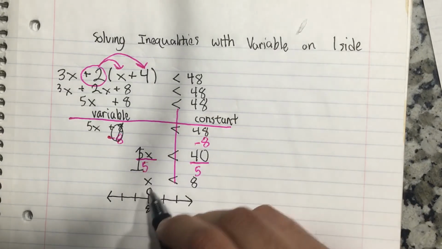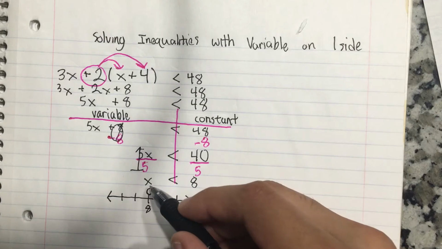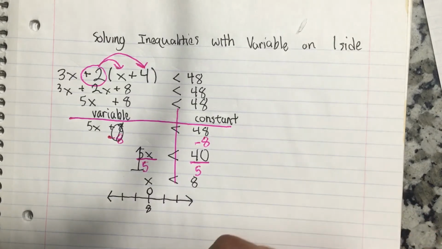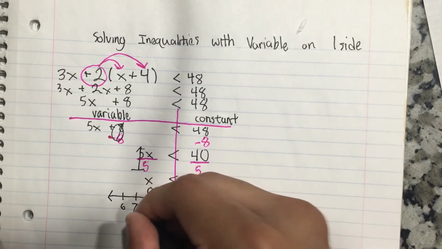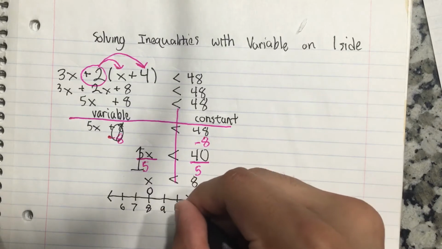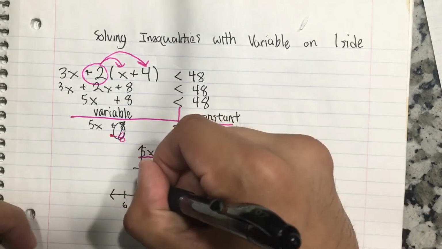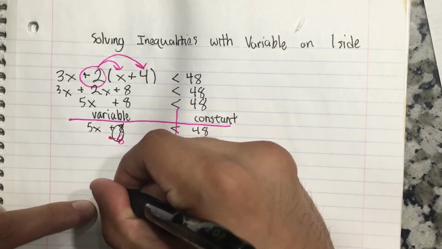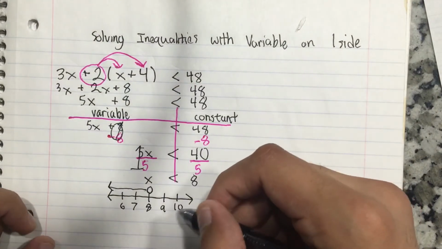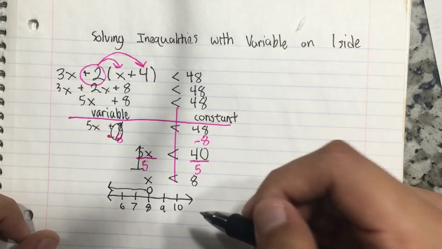Now, we need to think of a number that we could substitute into x to make this true. 6 is less than 8, true, so most likely this is the direction of our arrow. But just in case, 10 is less than 8, that's false.